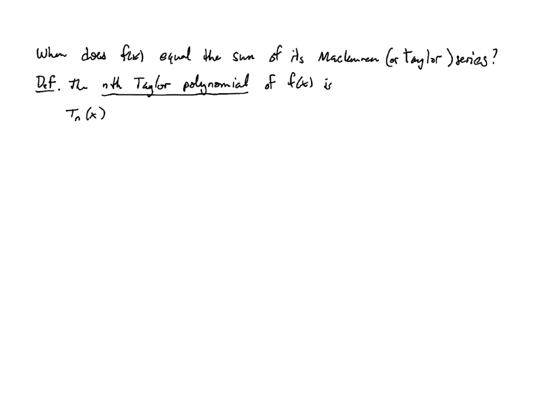The T is for Taylor, the n is for taking the nth Taylor polynomial, and this is the summation k equals 0 to n of f to the k. So we're going to take the kth derivative, evaluate at the point a, which is going to be the center of this polynomial, divide by k factorial, and multiply by x minus a raised to the kth power.